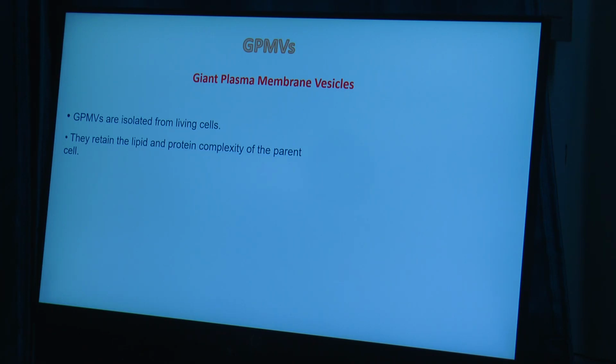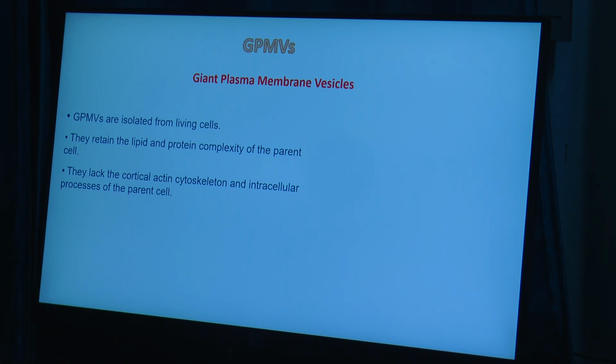They have both things in them. What they lack is that they come out of the plasma membrane but don't take the cytoskeleton with them. They lack the cytoskeleton and also some internal organelles.